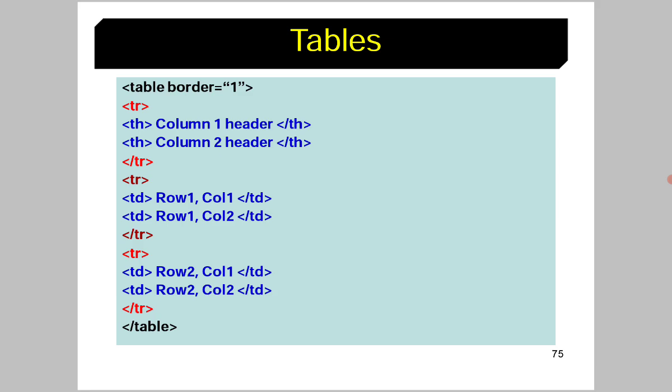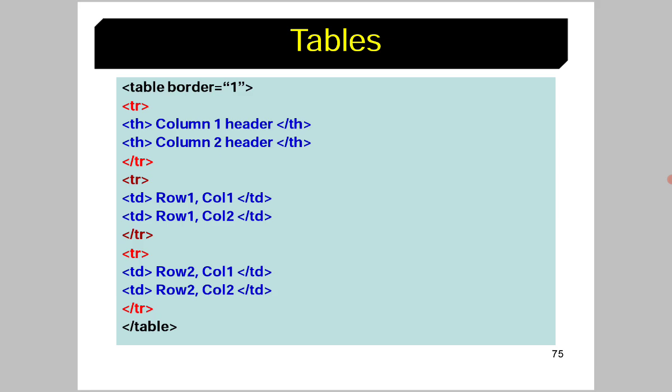That is the first row of a table. After that, you create the second row by again using the tr tag. So again the syntax is tr, td row 1 comma column 1 slash td, and td row 1 comma column 2 slash td, and slash tr.